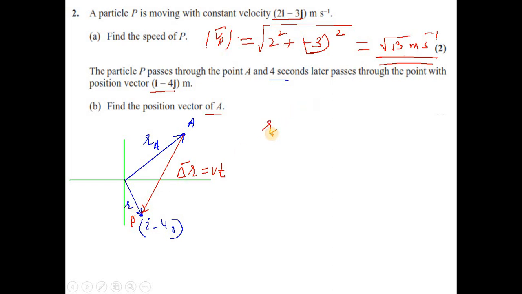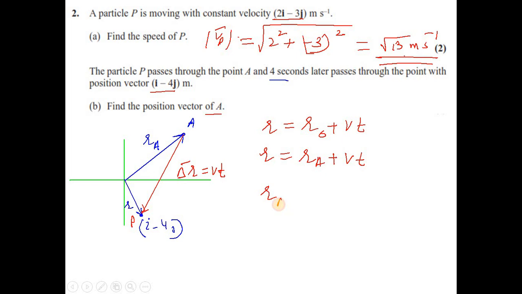So the position vector after time t is R naught plus Vt, and R naught is the position vector at t equal to 0. In this case this is Ra, so R is equal to Ra plus Vt.